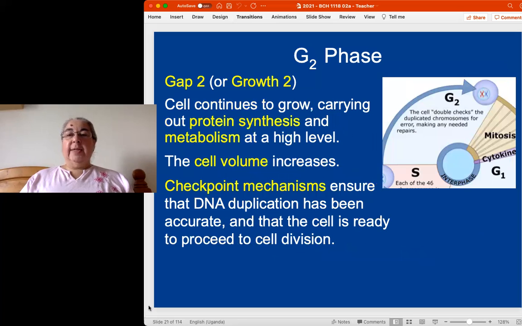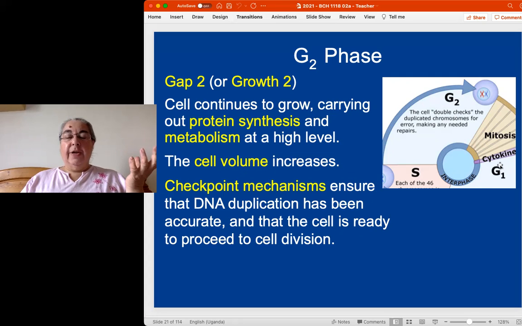G2 phase, so again, this looks like a gap where nothing seems to be happening during the cell cycle if you're just looking through a microscope. But again, there's a lot of protein synthesis going on. During G2, the cell tends to grow to be larger because it's now got twice as much genetic material.